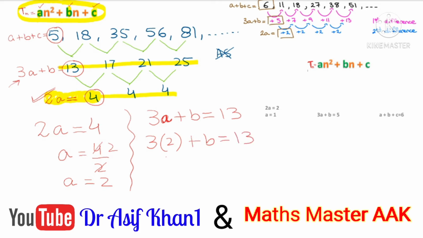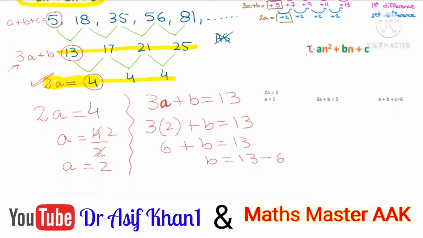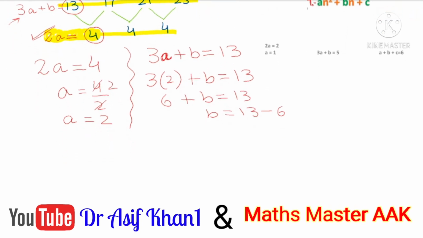So 3 2 times 6 plus B is equal to 13. So here you can write B is equal to 13 minus 6. So whenever you perform 13 minus 6, you will find 7. B is equal to 7. So now you know the value of B.